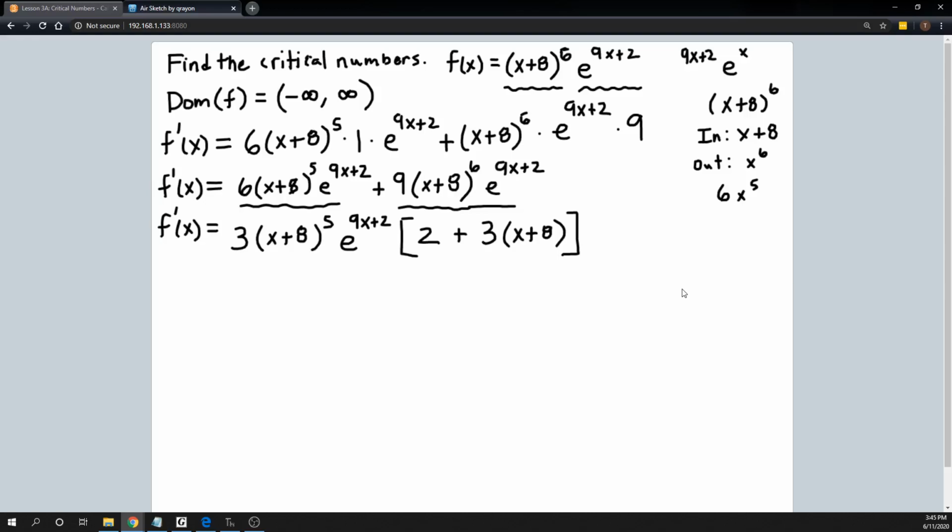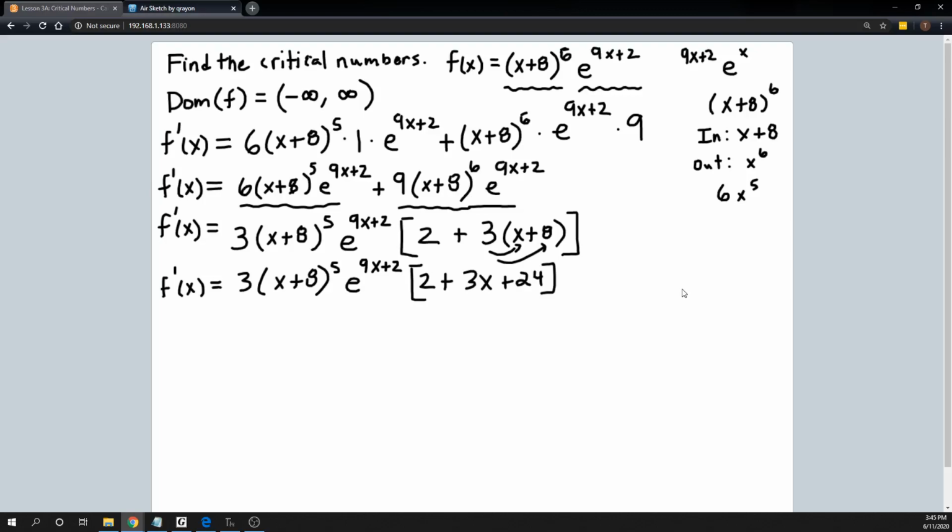All right, I'm going to keep simplifying. And I have 3 times x plus 8 to the 5th power times e to the 9x plus 2. Inside these brackets, I'm going to have 2 plus, and I'm going to distribute, and I'll get 3x plus 24.